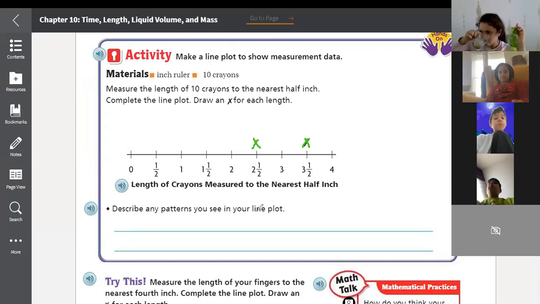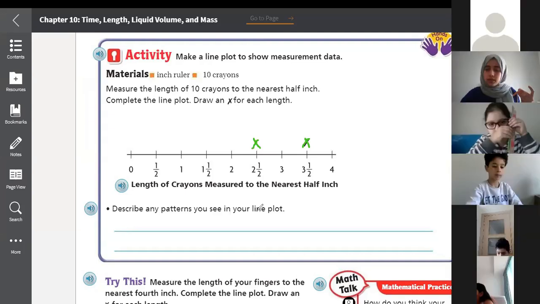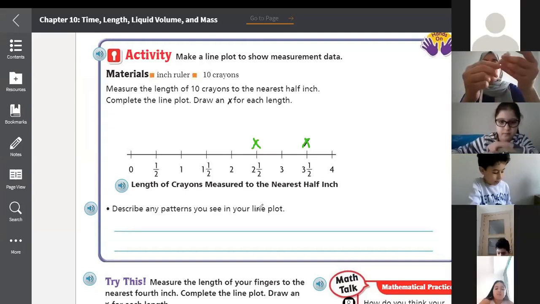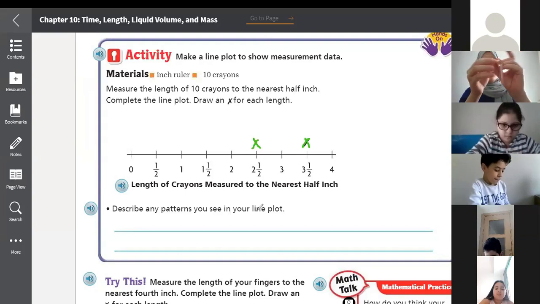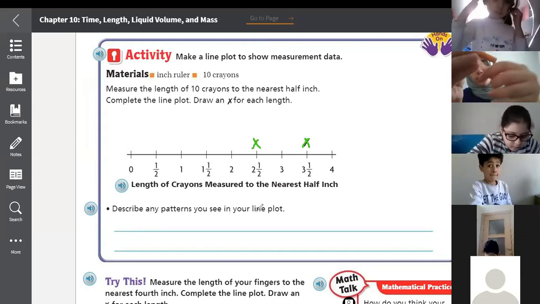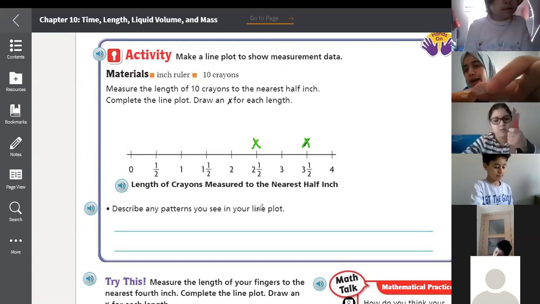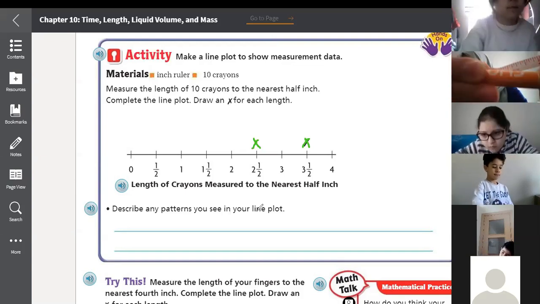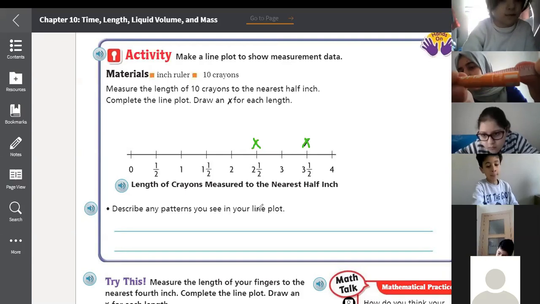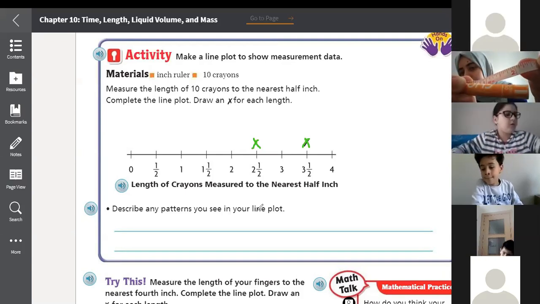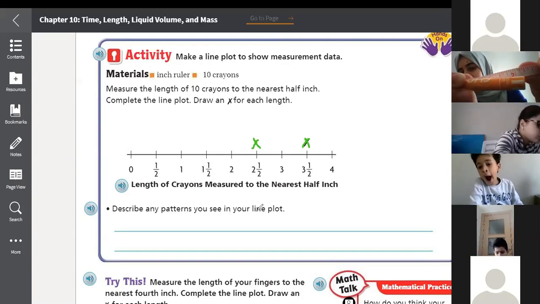Yusuf, can you see me? Yeah. Okay. I want you to try to see if you can see the measurement of this. So I have here an orange crayon, and it's next to what whole number? 2. It's next to 2.